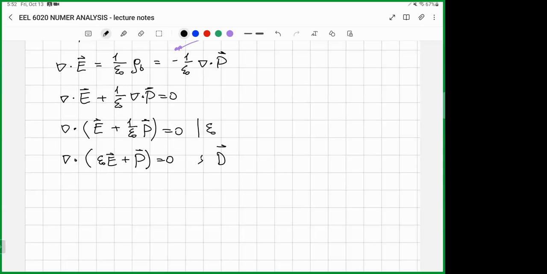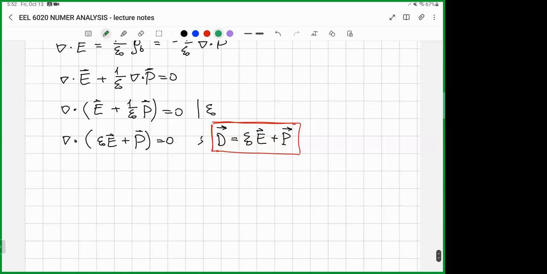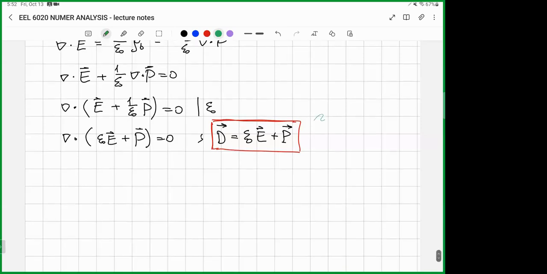So this vector D, which is equal to epsilon 0 E plus P, the polarization, is known as the electric displacement field.